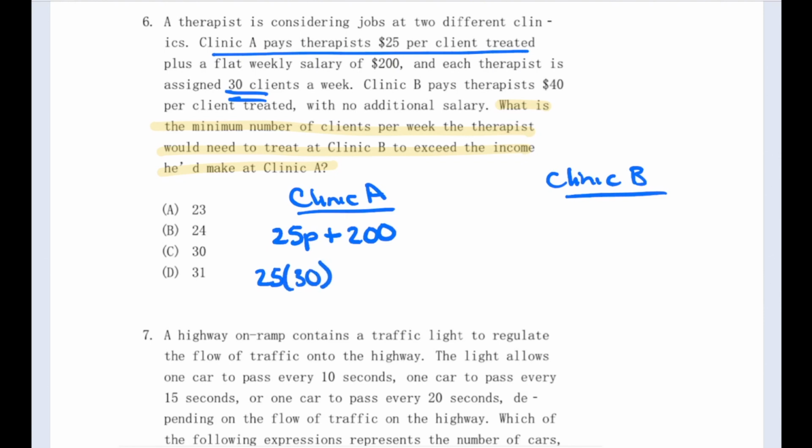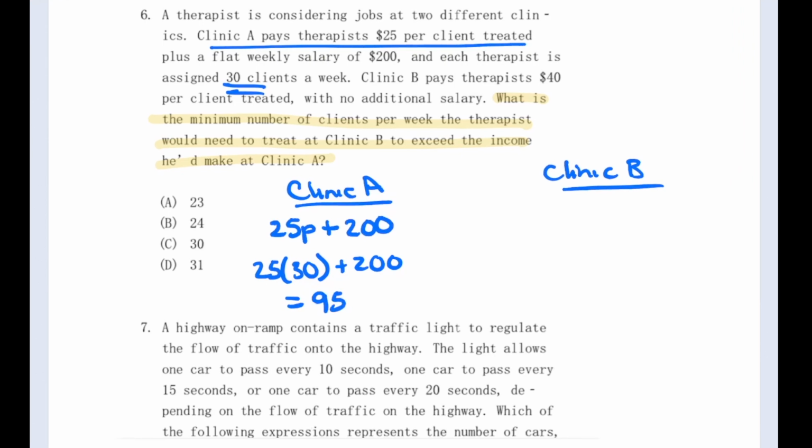So we're going to do 25 times 30, because 30 is our p per clients, plus the 200. So this is going to equal $950 per week.